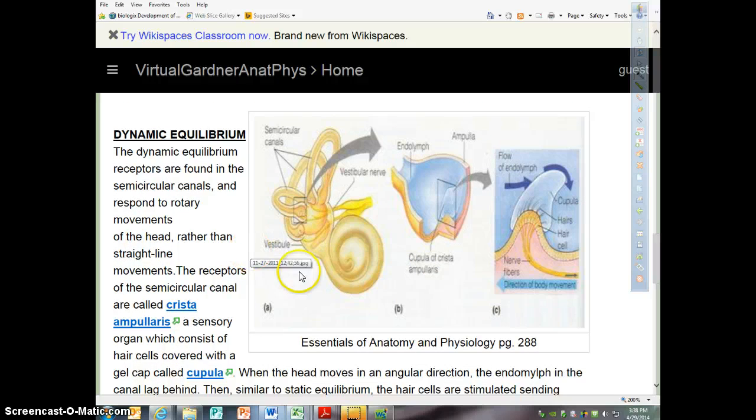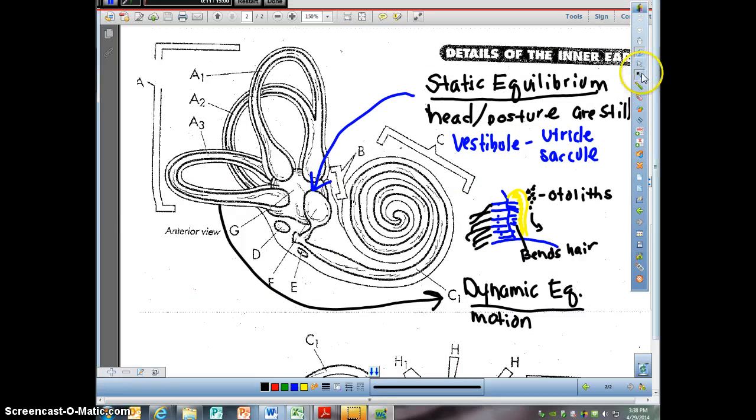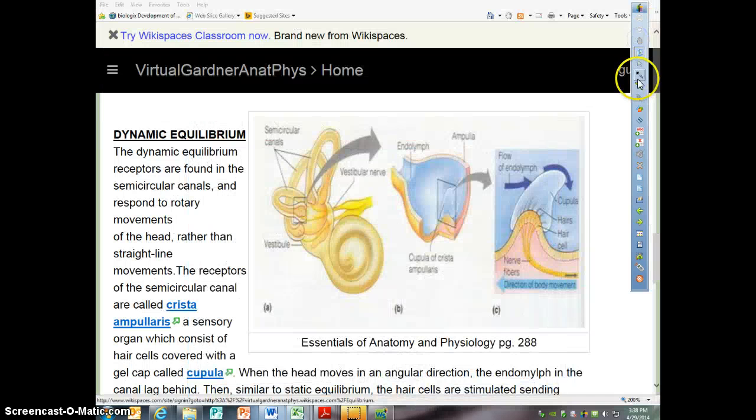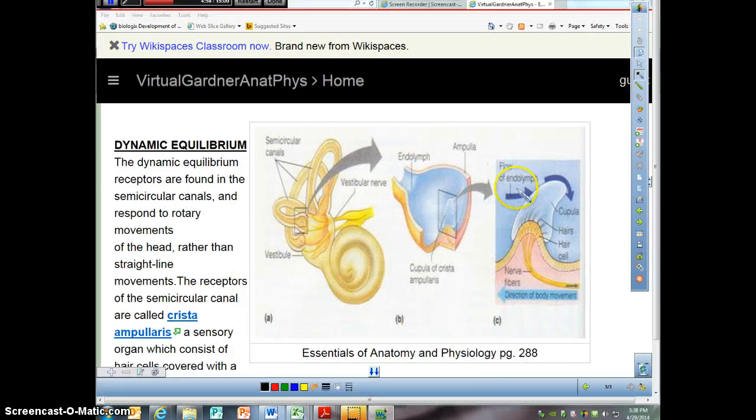Here is dynamic equilibrium, and this is happening in the bases of your semicircular canals. So without doing too much crazy drawing here, if I were to draw this, I would draw this part up here.